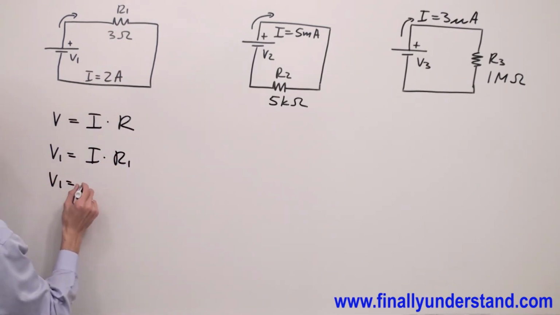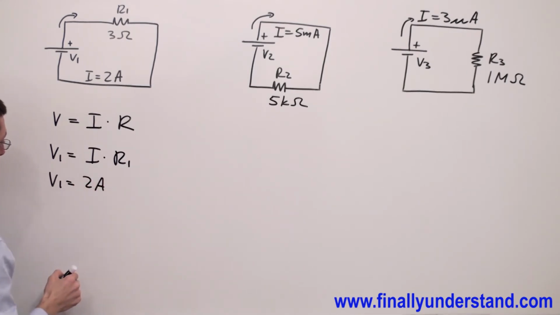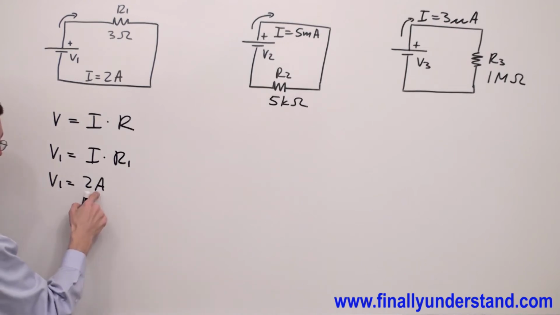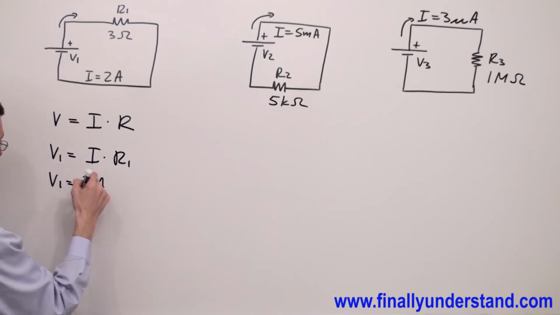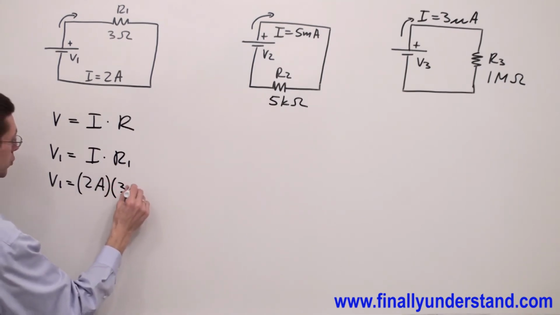V1 is going to be equal to 2 amps. Remember, anytime you are going to enter the numbers into the equation, you're supposed to also enter the unit of measure. In this case, we have amps, because current is measured in amps, times R1, which is equal to 3 ohms.